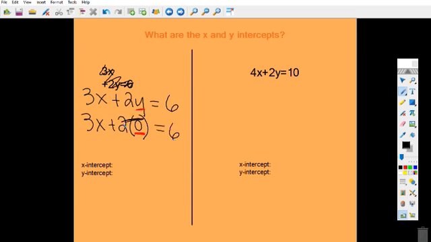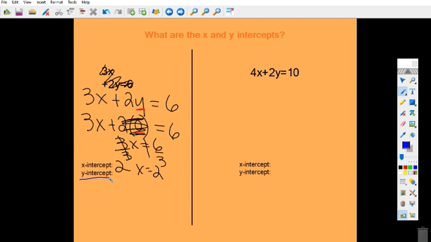So 2 times 0 is 0. Those go away. We get 3x equals 6. Divide by 3. We get x equals 2. That is our x-intercept. How we solve for our y-intercept is the same thing, only this time you plug 0 in for x.